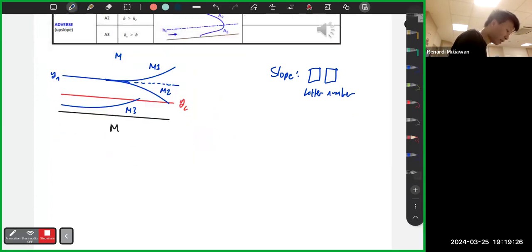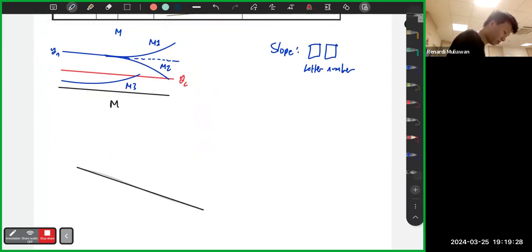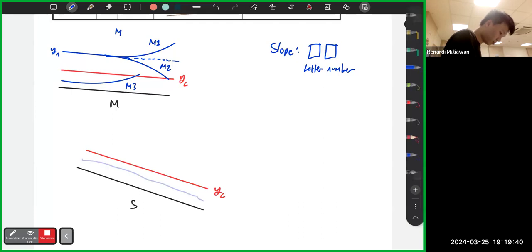Now, for another example, let's do S slope. So for this S slope, again, YC is here, and for S, YN is below.